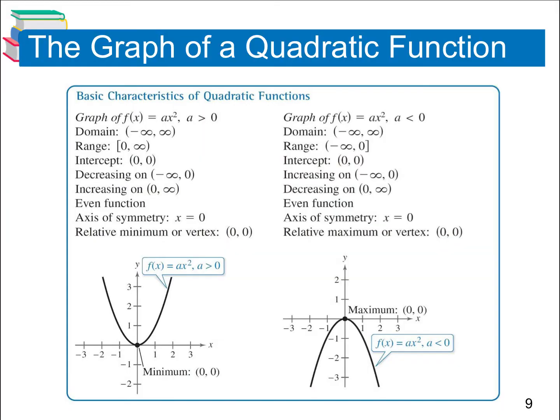On the next slide, we have basic characteristics of a quadratic. The left side is when a is greater than 0. When that leading coefficient is positive, our parabola opens up. It's like a smiley face. Our domain of a quadratic function is always all real numbers.